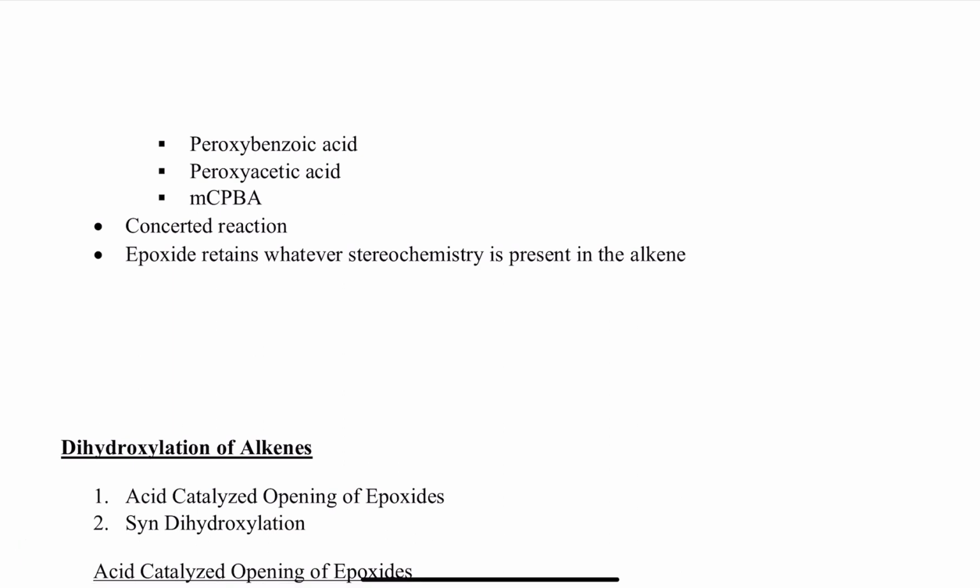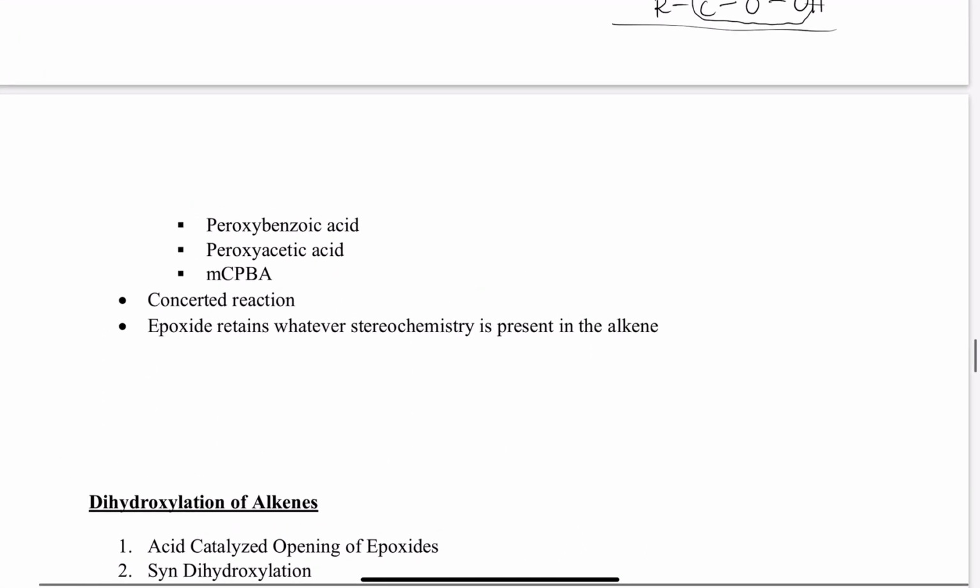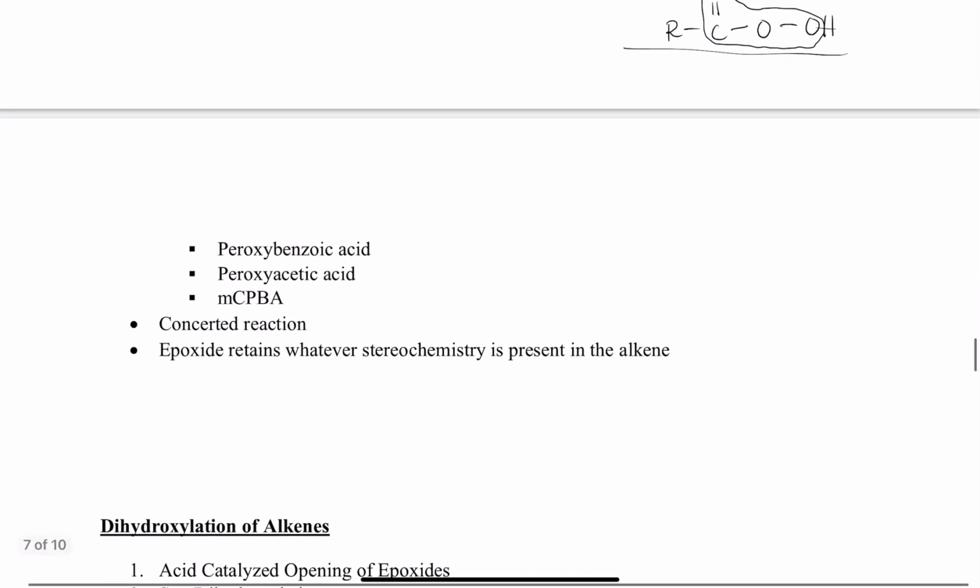Now, this is a concerted reaction, and talking about the stereochemistry, very similar to our carbene addition, it is not going to interfere with the cis and trans stereochemistry and geometry. So essentially, the general outline of this reaction is we have an alkene. It reacts with a peroxy acid.